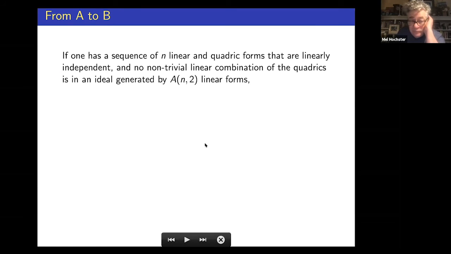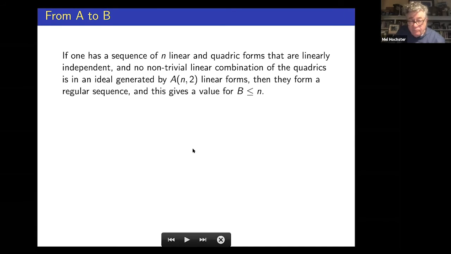And assume that no non-trivial linear combination of the quadrics is in an ideal generated by A of n,2 linear forms. So there's no A of n,2 collapse. This is the level of strength we needed. And then the quadrics form a regular sequence.